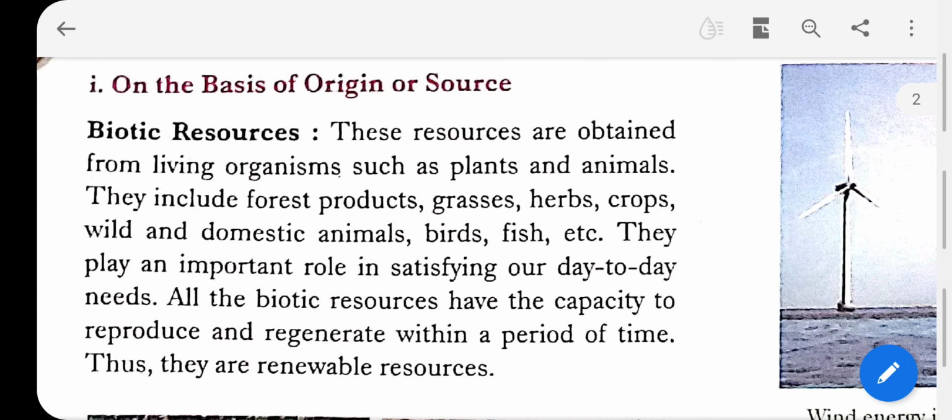On the basis of origin, natural resources are divided into two parts: biotic resources and abiotic resources.